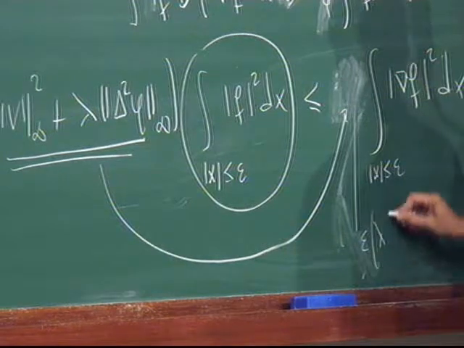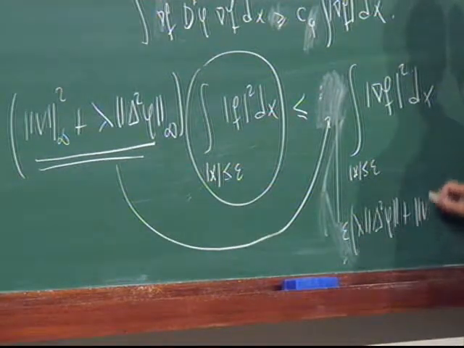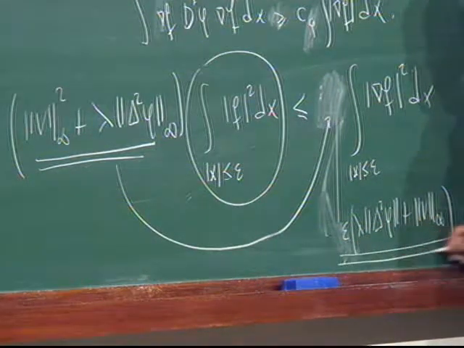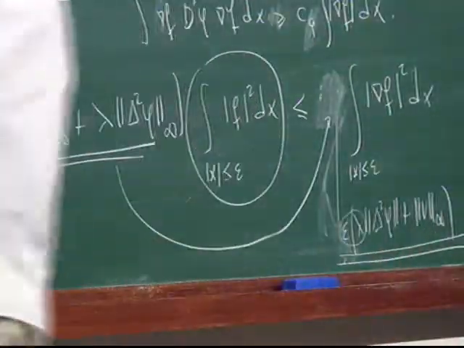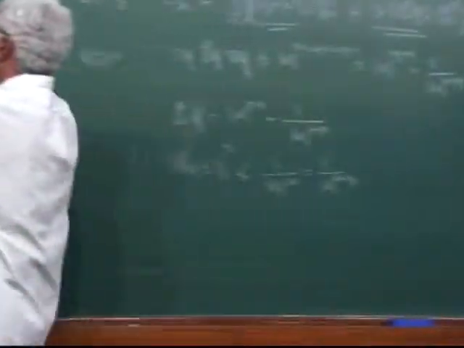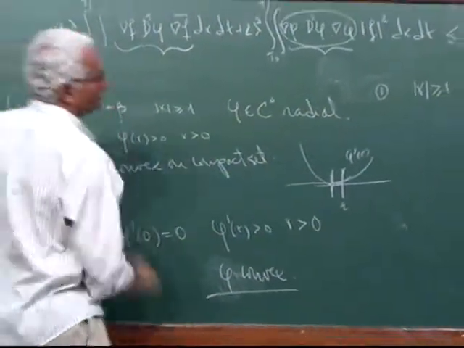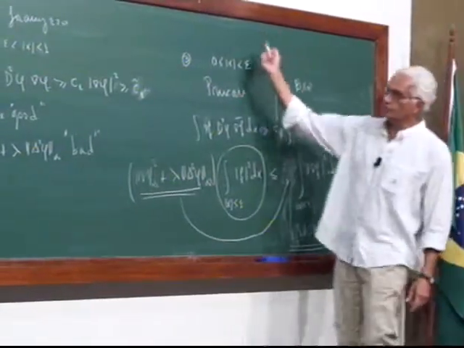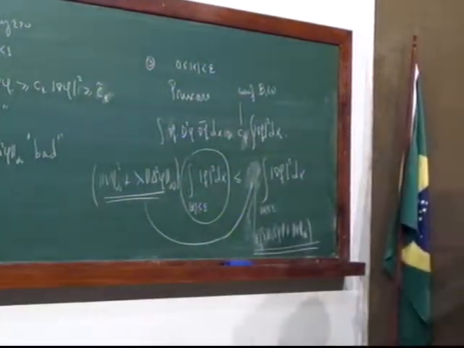You have this lambda. Then I have epsilon in front of the lambda. That is going to be the bound on this side. And on this side, I don't have that. I have the lambda only. Therefore, you choose epsilon sufficiently small such that you control. And once you choose epsilon sufficiently small, you choose lambda sufficiently large such that you conclude. Is this okay?